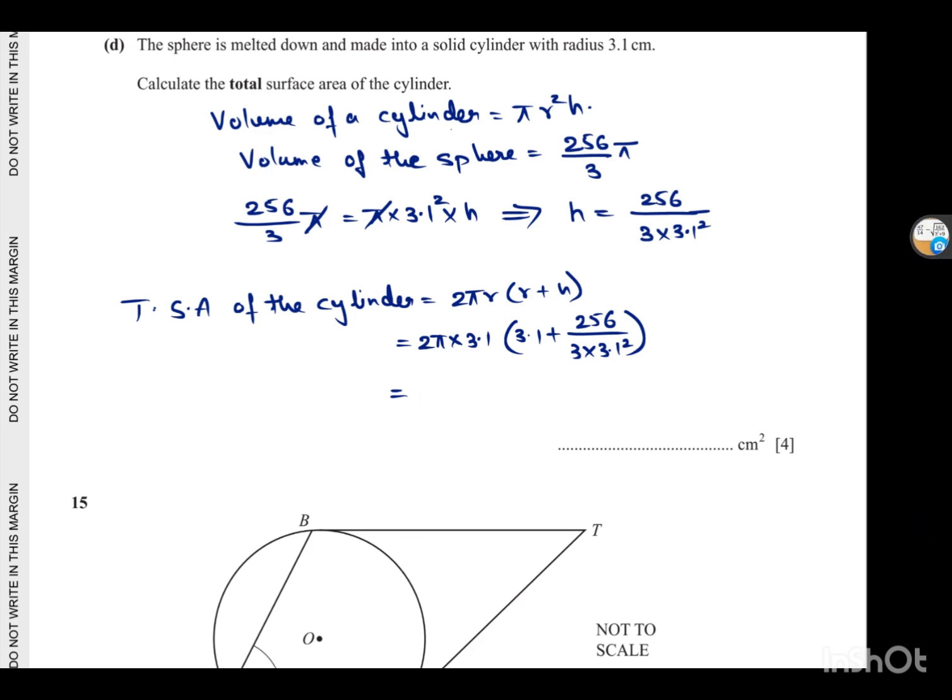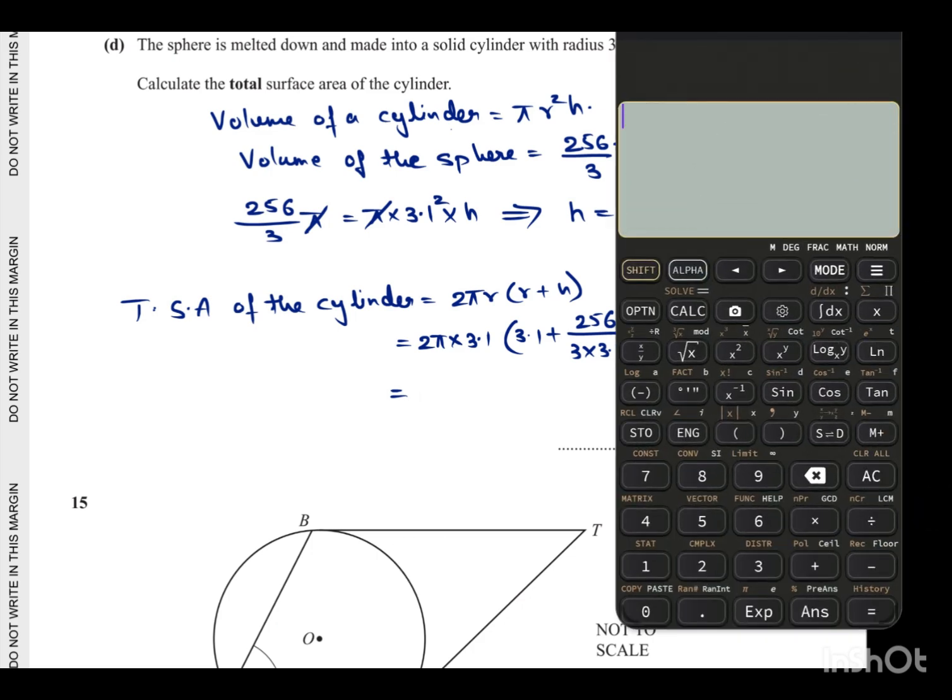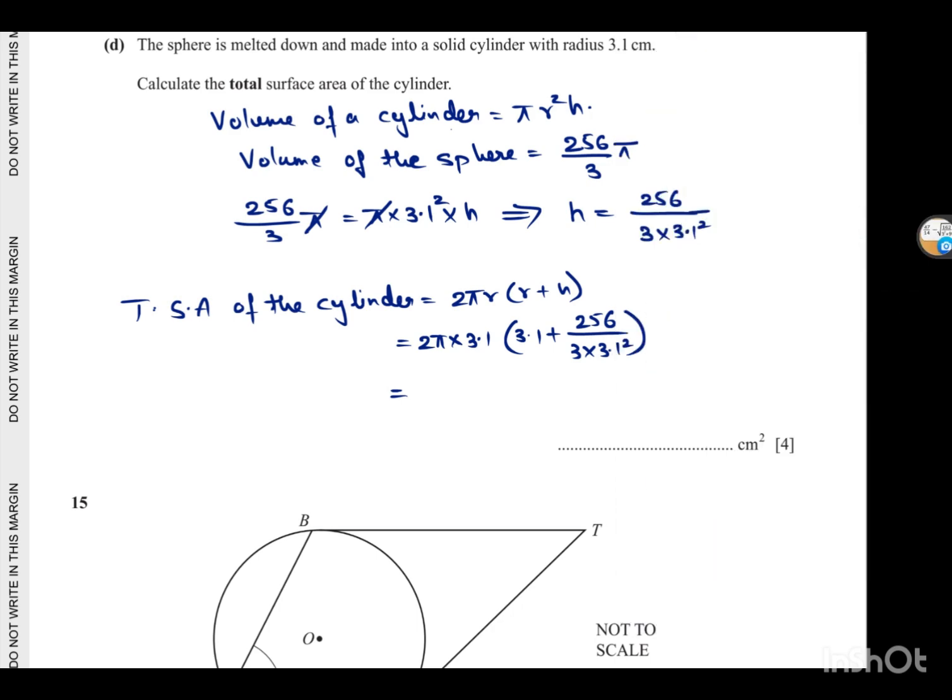Put this whole thing in the calculator. 2 into pi into 3.1 into, open the brackets, 3.1 plus 256 by 3 into 3.1 square, close the bracket. 233.337. 233.3 will be the answer, centimeter square.